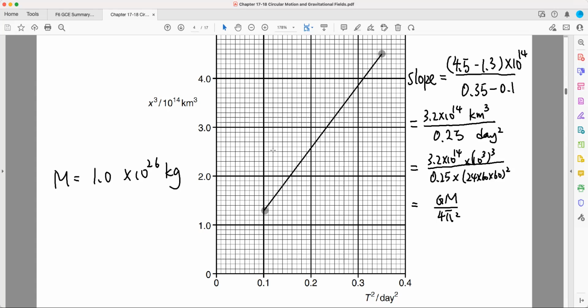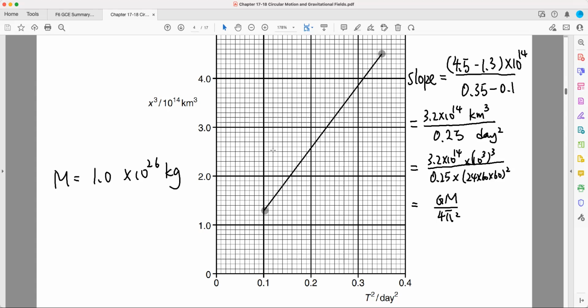So are you finding M? This is just a gradient, it's not the M. Yes, it's just the gradient. 1.0 times 10 to the power 26.